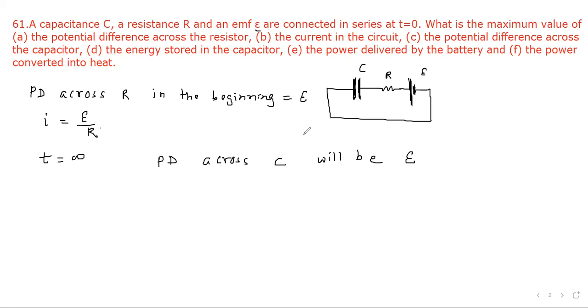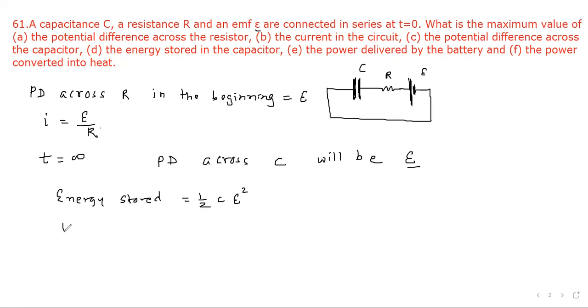Now, next point is energy stored in the capacitor. Since PD is E and capacitance is C, the energy stored will be equal to half CV square. Here V is epsilon, so half C epsilon square.